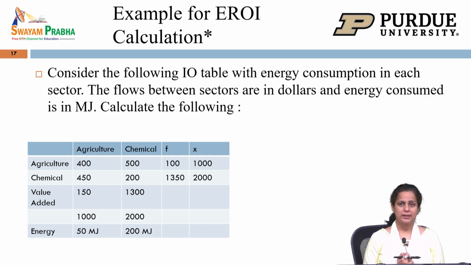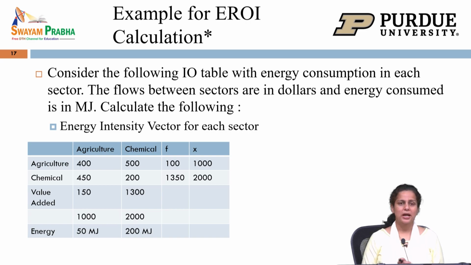Remember, we had calculated the energy resource intensity. Here you would need to calculate the energy intensity. Let's do this first problem of calculating the energy intensity vector for each sector, and take 30 seconds. Utilize the definition that we have learned earlier on resource intensity to calculate the energy intensity.